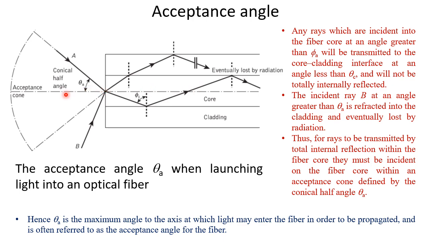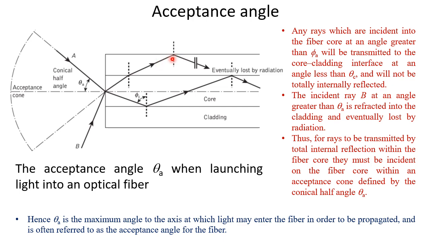And if we try to insert the light with an angle greater than this conical half angle, that particular light will be lost by radiation, just like this one.